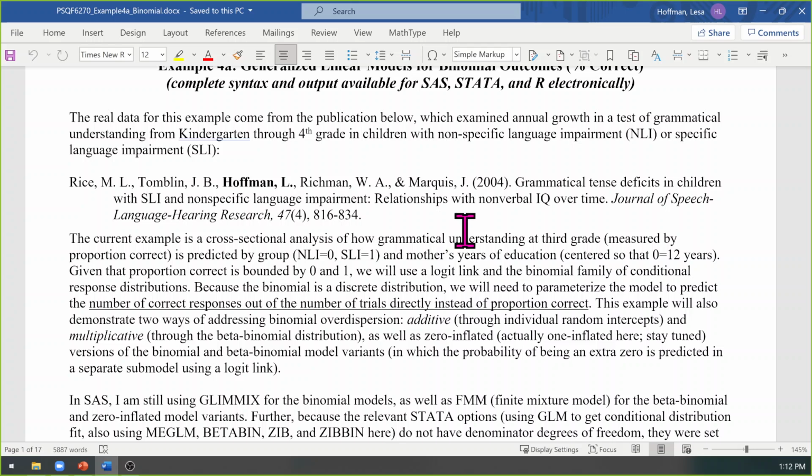As it turns out, the Journal of Speech, Language, Hearing Research is the one that I have published in most frequently. Because most of the departments that I've been a part of, so these are folks that I worked with at KU as a grad student, and then I ended up being hired as faculty there 10 years later, a lot of them do work with children with special needs. And a lot of it has to do with speech issues, language issues, grammar issues.